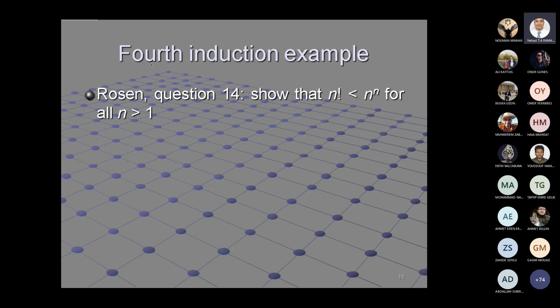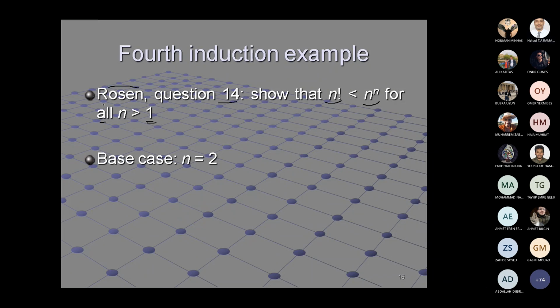Equation. Fourth inductive example says that it's question number 14 from the book. So show that n factorial is less than n to power n for all n more than 1.